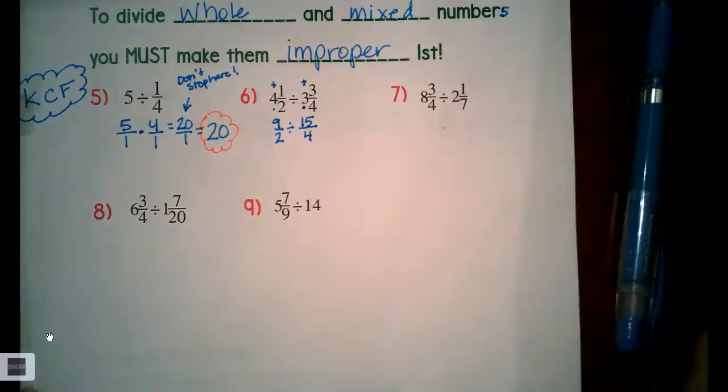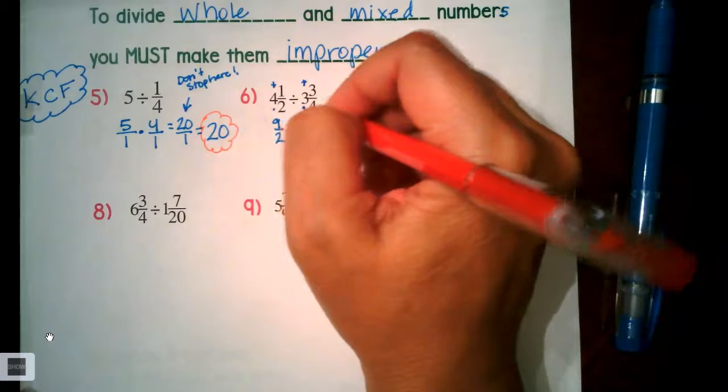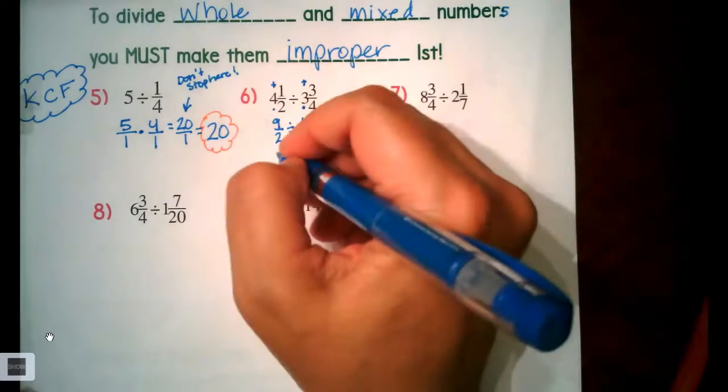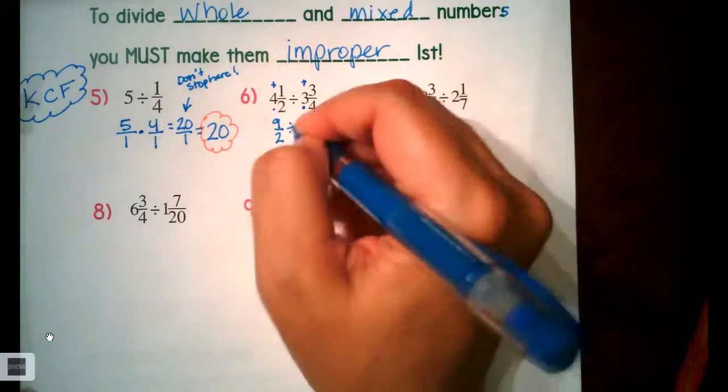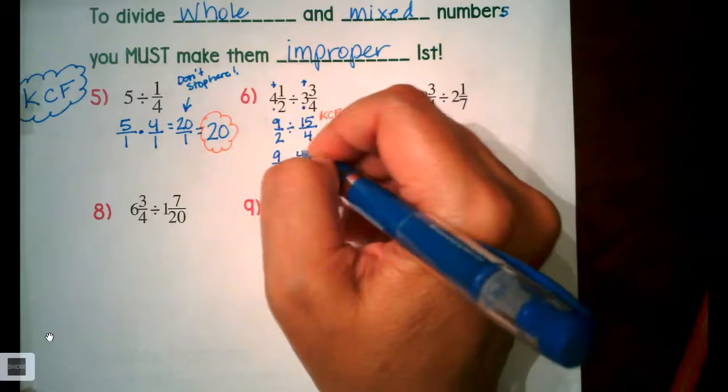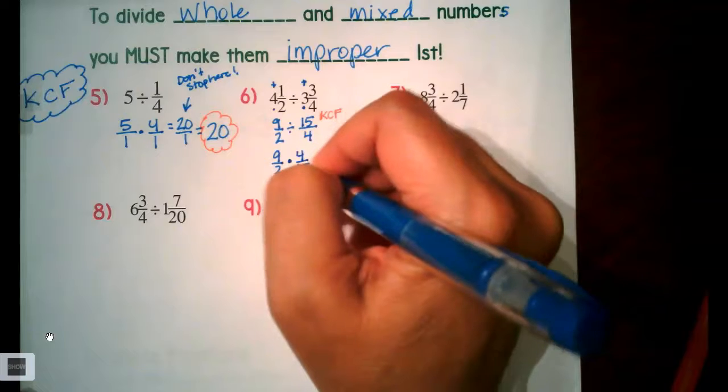Now we can do our keep, change, and flip. So keep the first fraction, change division to multiplication, and flip this one over to make it the reciprocal.